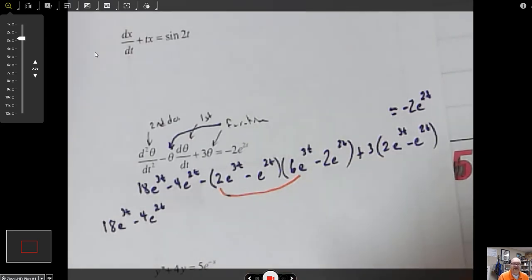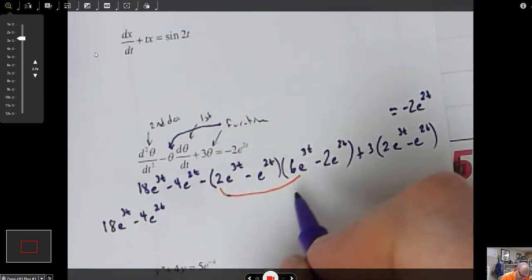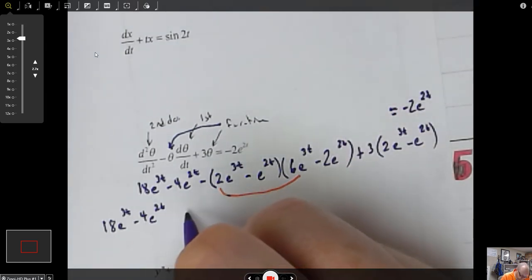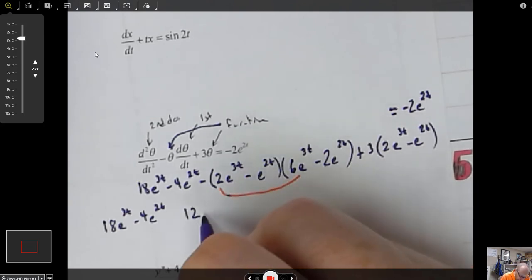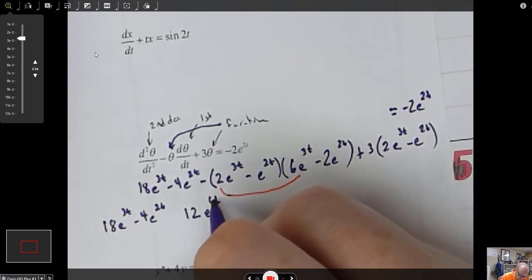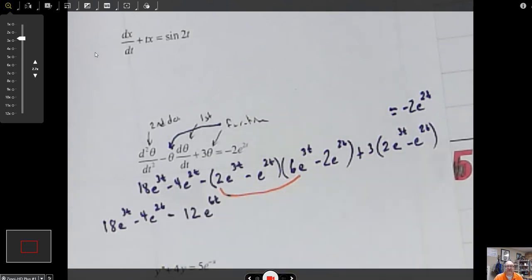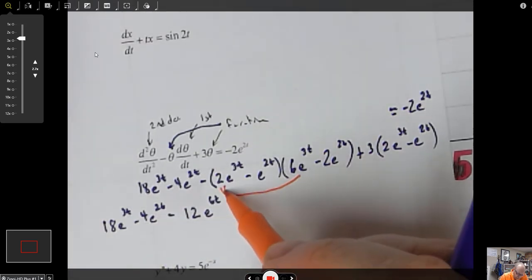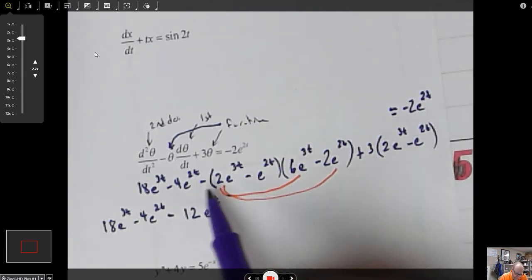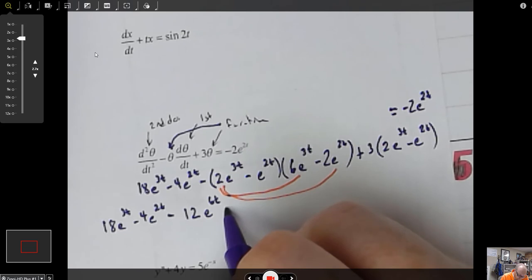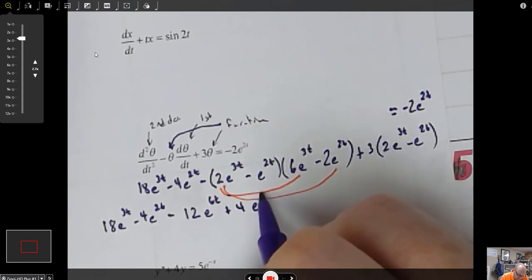So 2e to the 3t times 6e to the 3t. 2 times 6 is 12. And when I multiply like bases, I add their power. So 12e to the 6t. And I need to take the opposite of that. And now 2 times negative 2 is negative 4. That's going to make it be positive 4, e to the 5t.